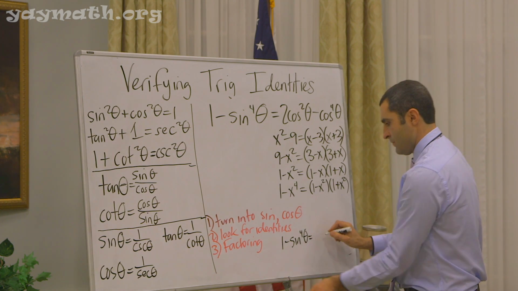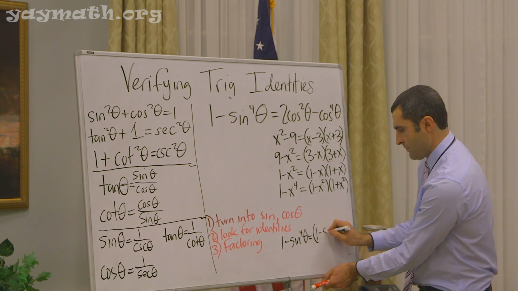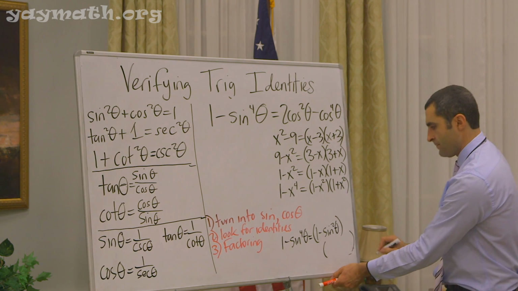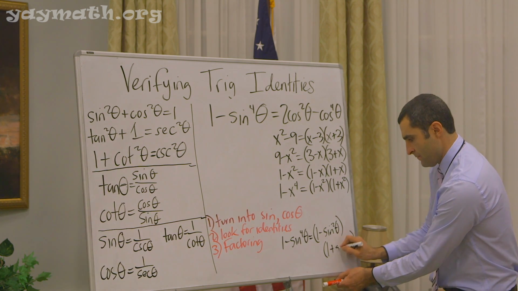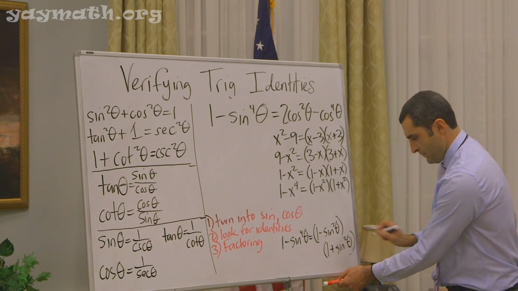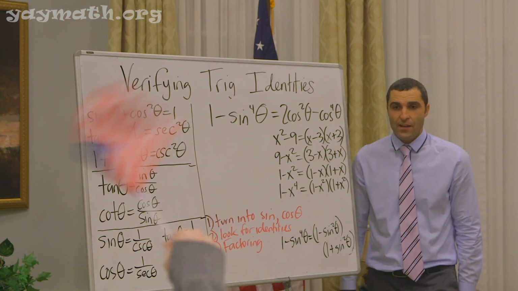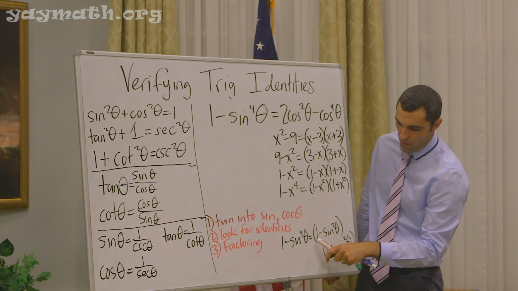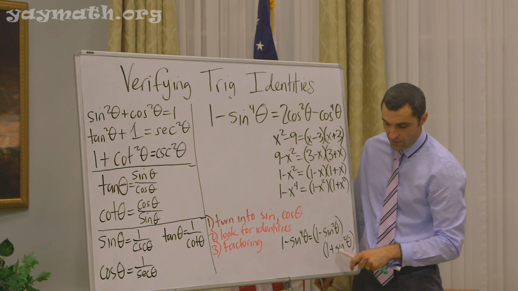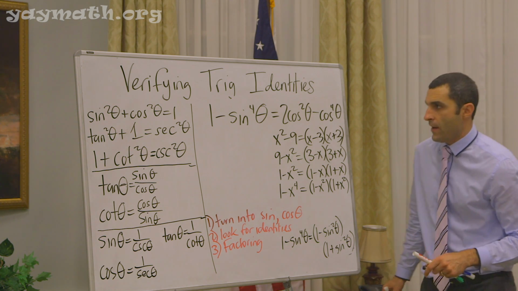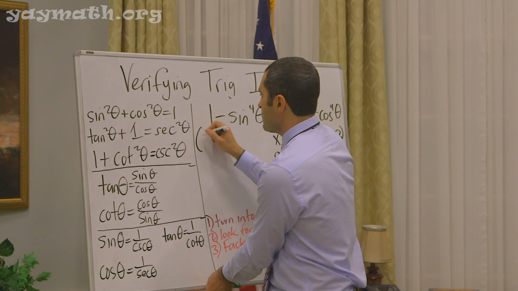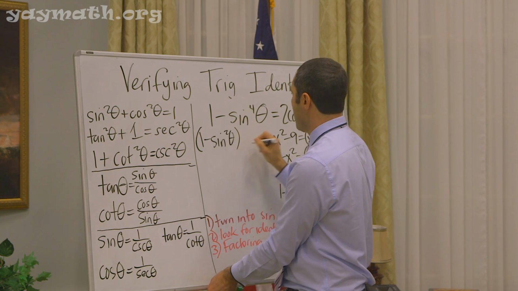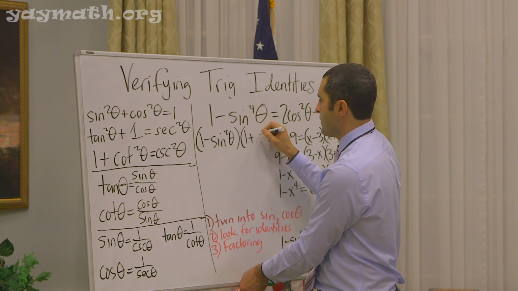It is 1 minus sine squared times 1 plus sine squared. Wow, that was awesome. Let's write this down: 1 minus sine squared theta, 1 plus sine squared theta.